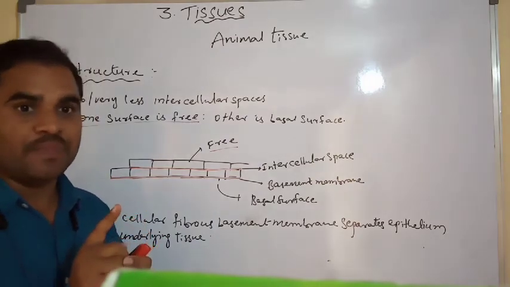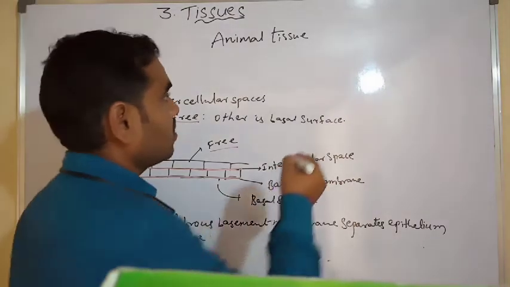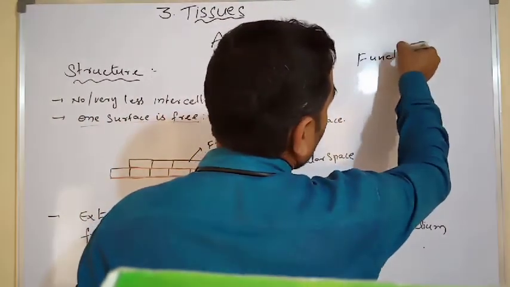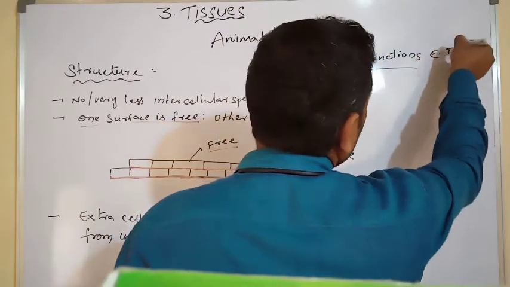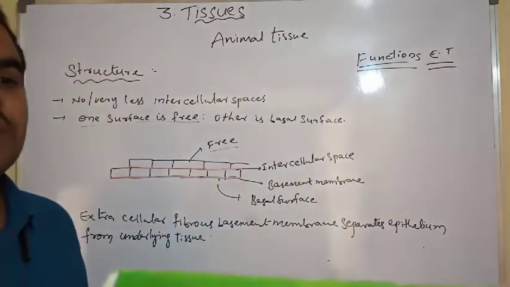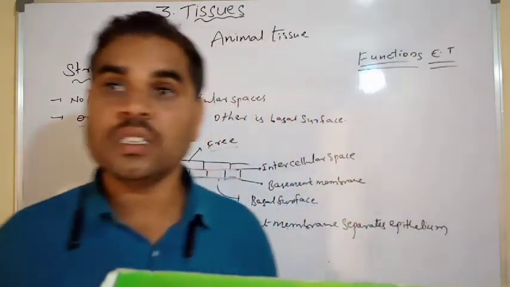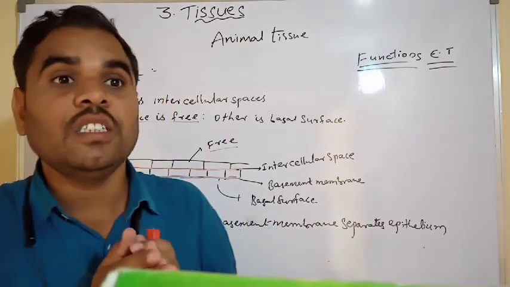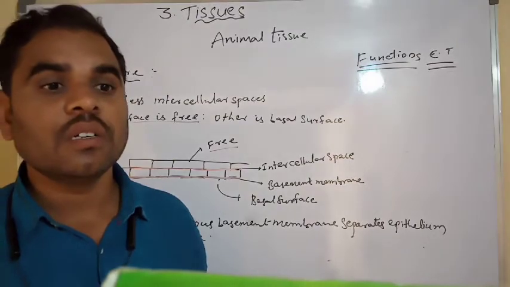Okay, is it clear? Now we go to the functions. Epithelial cells functions, epithelial tissue. What are the functions? Protecting the underlying tissues and organs. They give protection. Here in our building, the walls protect us.